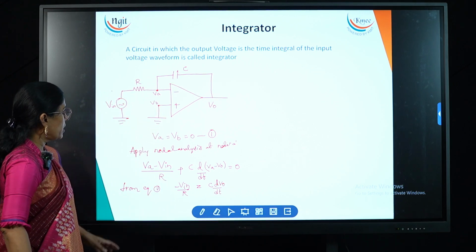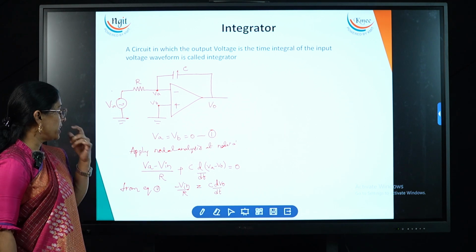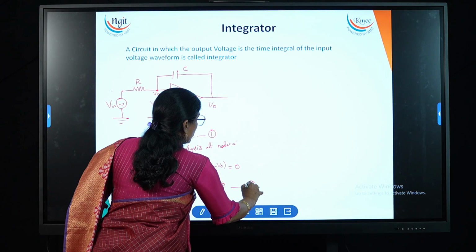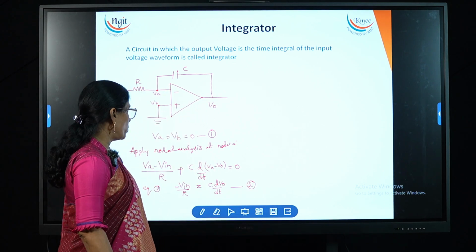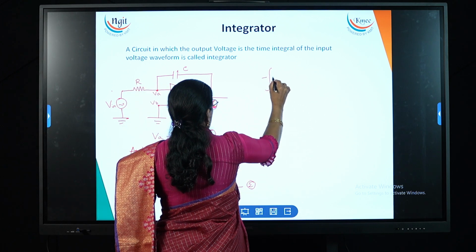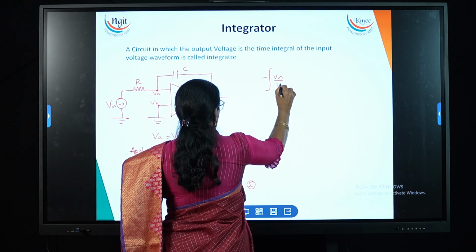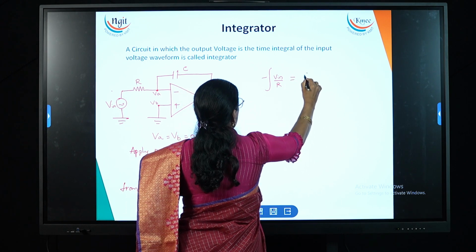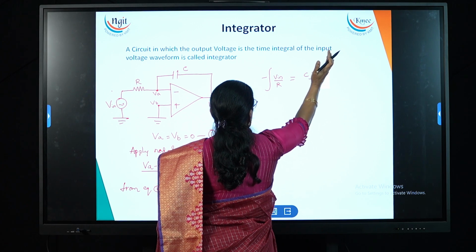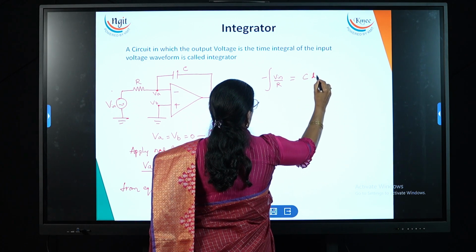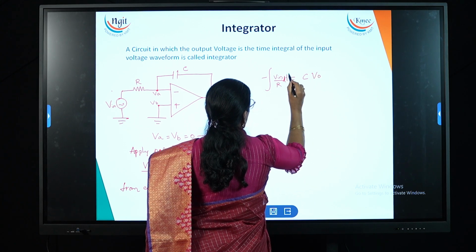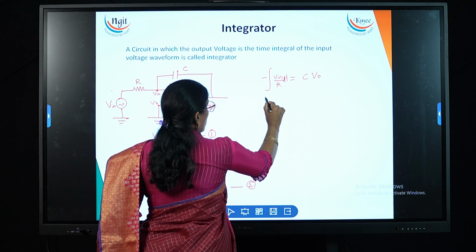Now take this as expression number 2, and integrate expression number 2 on both sides. Then we get minus integral of V in by R is equal to C V out, integrating with respect to dt.